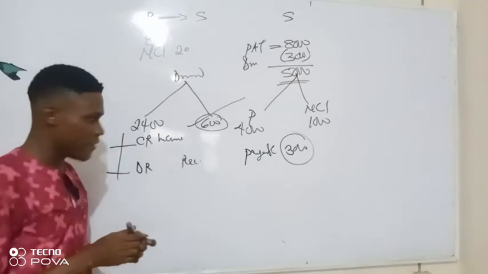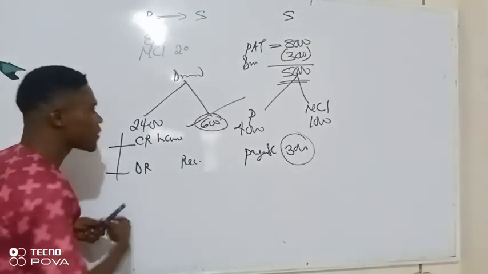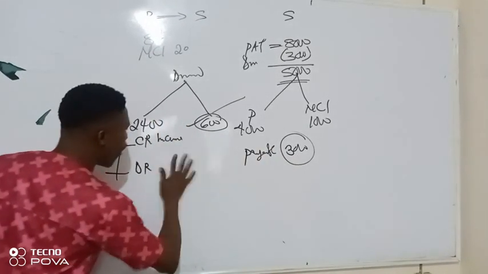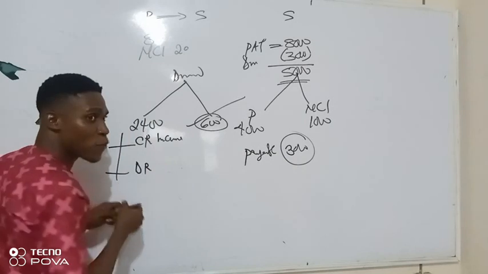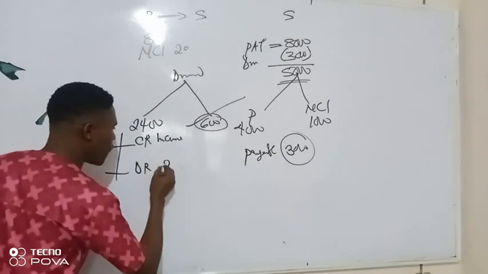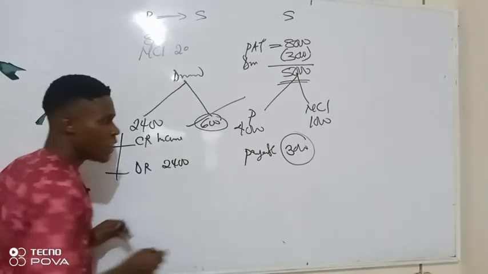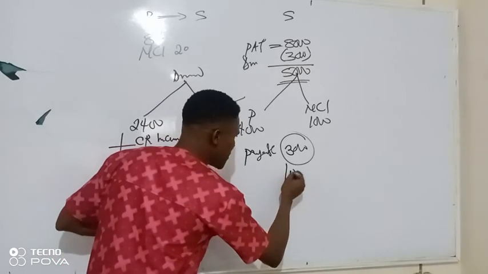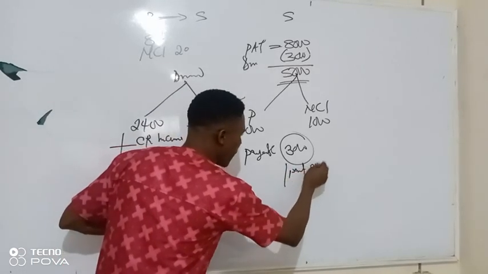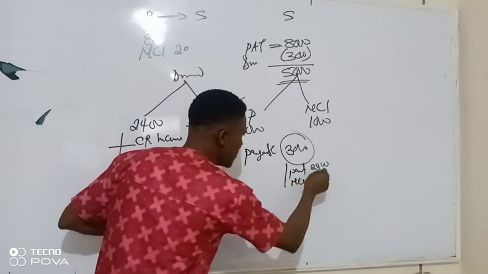But don't forget, out of the 3,000 here, 2,400 is a debt owed to the parent. If I split it into two now, parent 2,400, NCI 600.